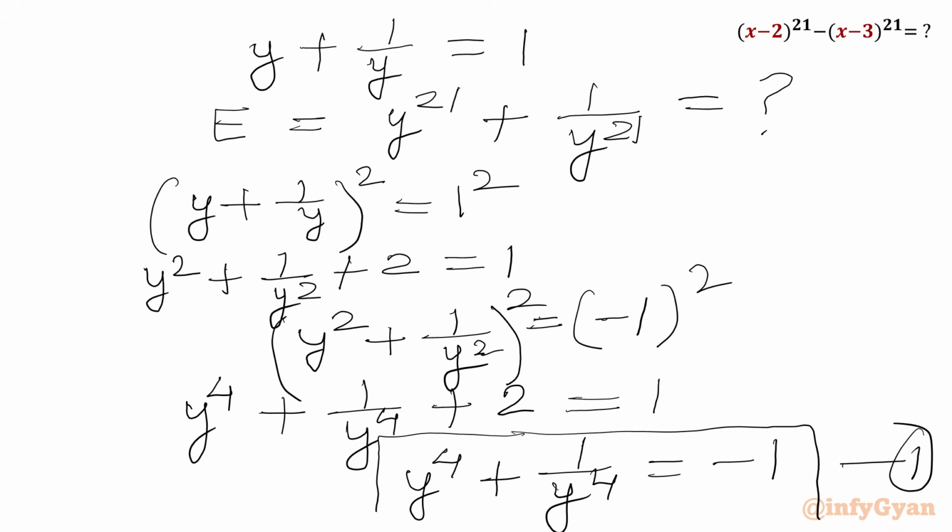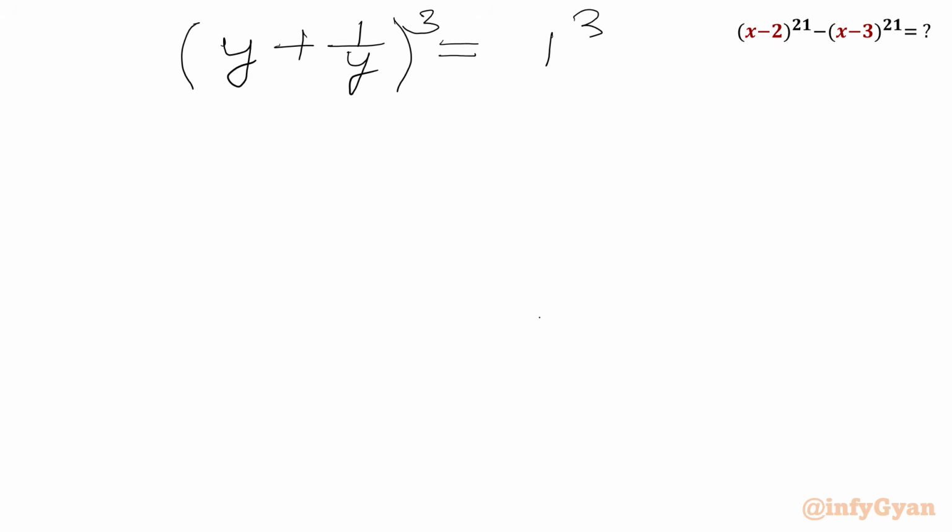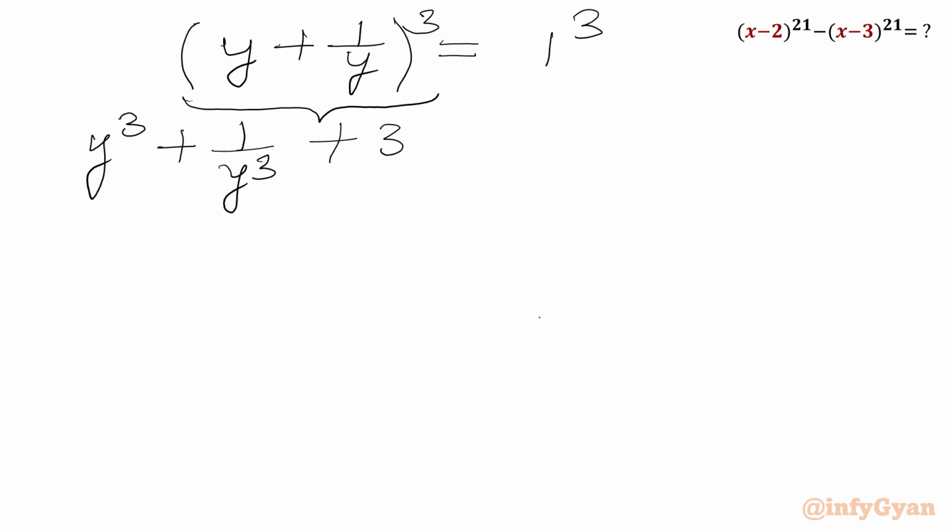Now we will consider cubing both sides. So I will write y plus 1 over y equal to 1. Let's put power 3 on both sides. Now we will use the (a plus b) whole cube identity. So we will get y cube plus 1 over y cube, a cube plus b cube, plus 3 times ab, which will give us 3, times a plus b, which is y plus 1 over y, equal to 1 cube, which is 1.